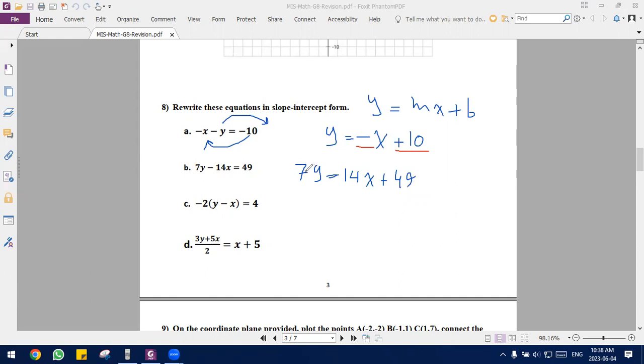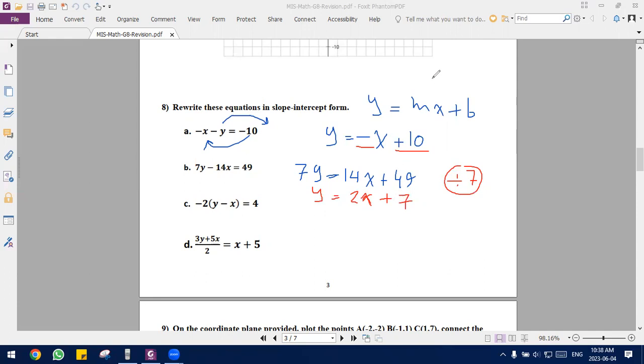So I need to do the opposite. In order to remove 7, I should divide by 7. Then y equals, we divide everything by 7. 14 over 7 is 2x plus 49 divided by 7 is 7. This is the second part.